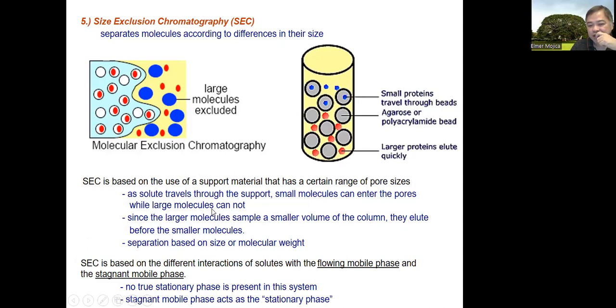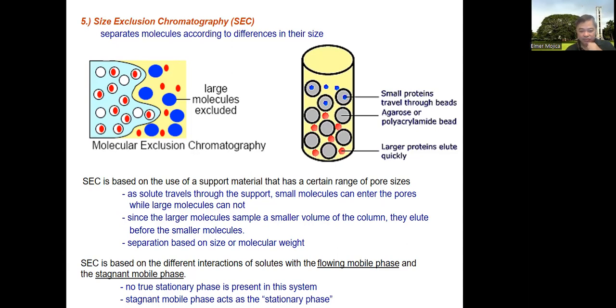As solutes travel through the support, small molecules can enter the pores while large molecules cannot. And since the large molecules sample a smaller volume of the column, they elute before the smaller molecules. So the bigger molecules come out first, and the one that elutes later is the smaller molecules.